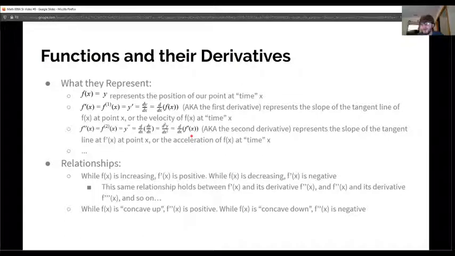There's a lot of different ways you can write this kind of stuff, and I want to make sure that if you run into any of these, you won't be confused about it. I don't know why there's so many different notations, but you will end up running into all of these at some point.